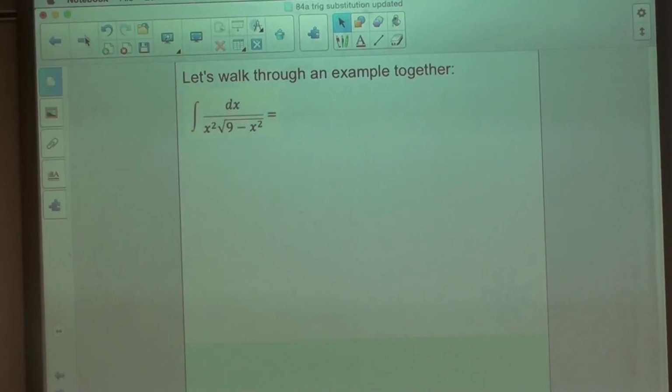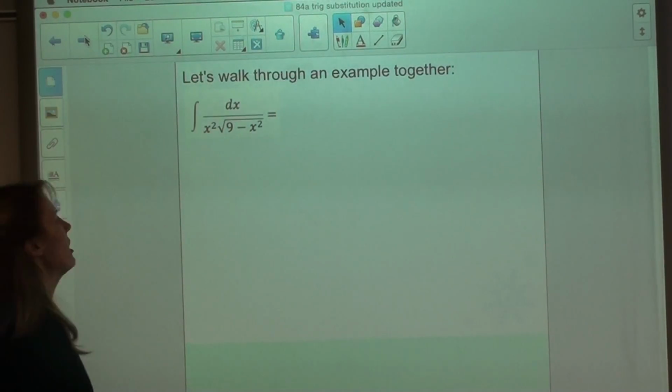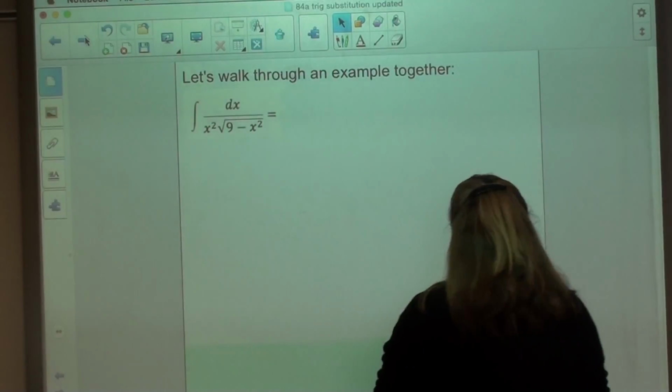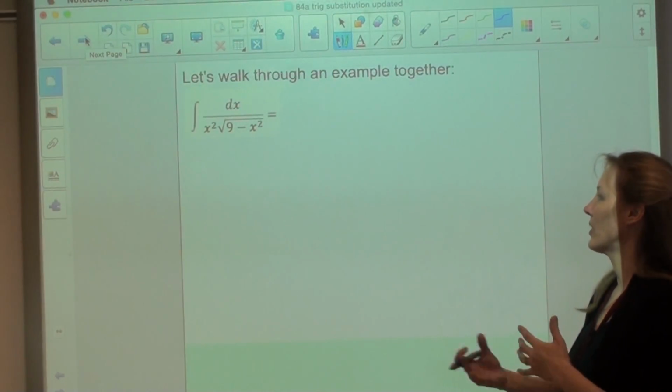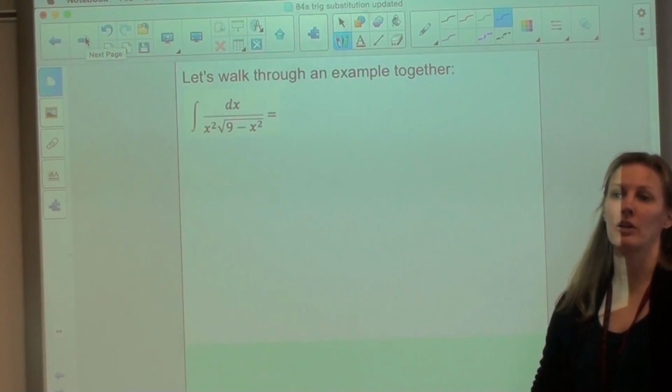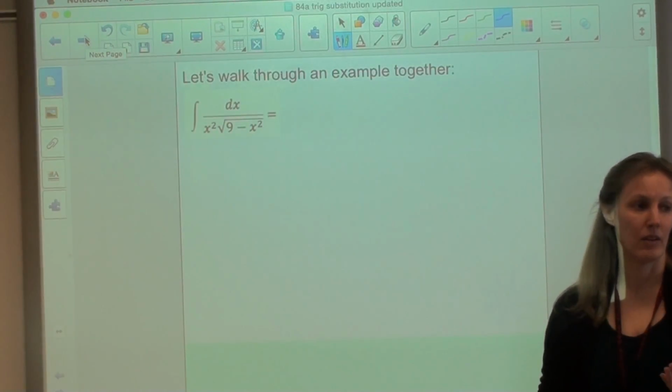You use this method anytime you have an integral with the square root of something squared plus or minus something squared. So we're talking about a constant and an x value, or if you have a trinomial and you complete the square to make it in terms of a constant and a u value.